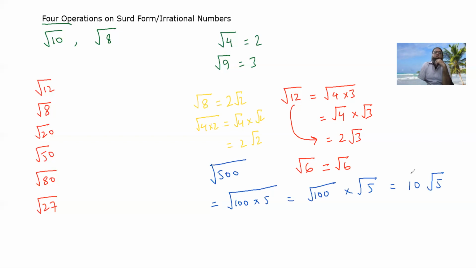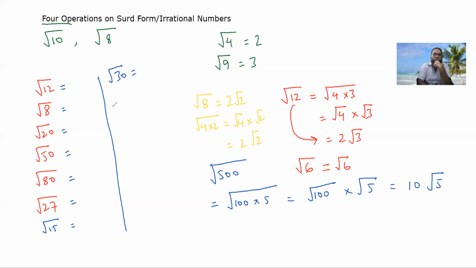Okay, so can you simplify under root 12, under root 8, under root 20, under root 50, under root 80, under root 27, under root 15, and then maybe you just keep on trying them. I'm writing some numbers here that you can simplify, okay?